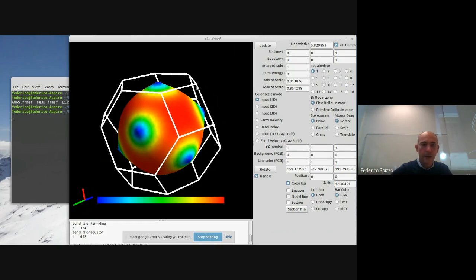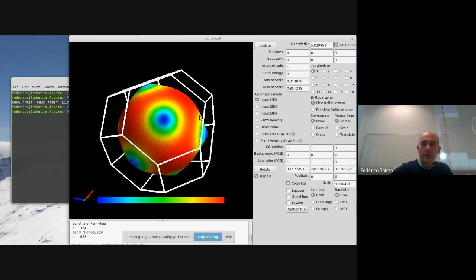As you see here, the color on this structure is just a color coding to distinguish the energy. Red means slightly lower energy, blue means slightly higher energy.